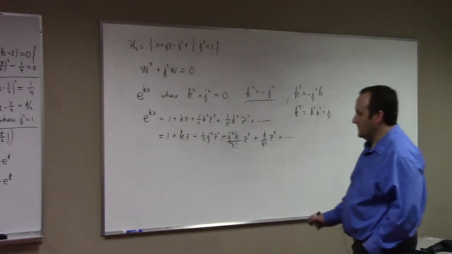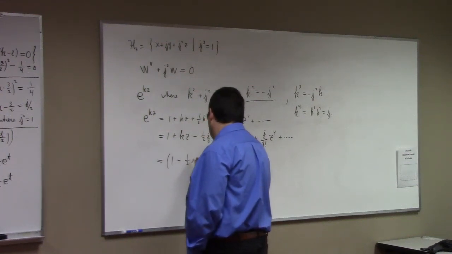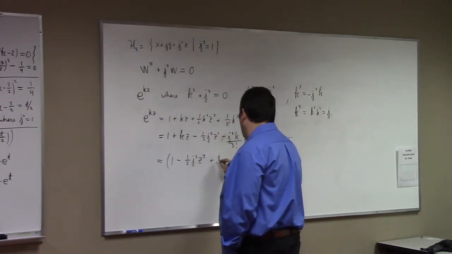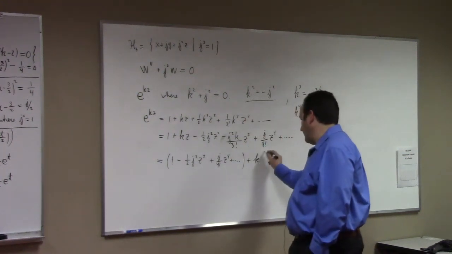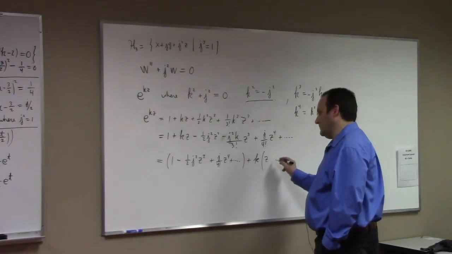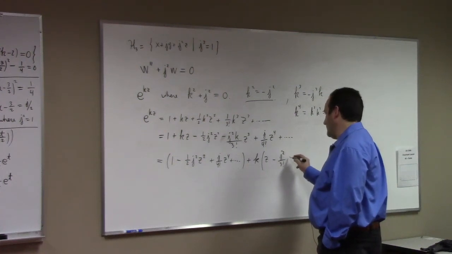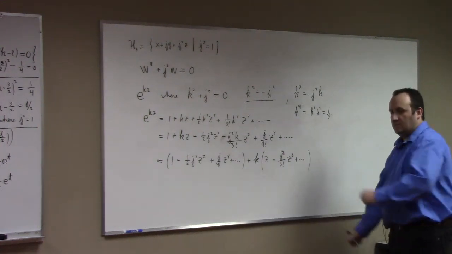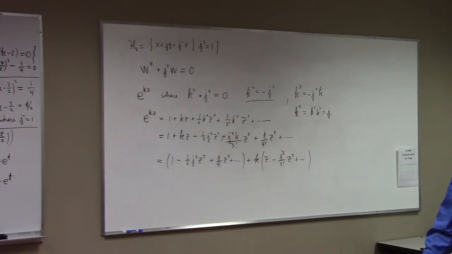But the larger point here is that gives us 1 minus 1/2 j squared z squared plus j over 4 factorial z to the 4th plus dot dot dot, plus k times z minus j squared over 3 factorial z cubed. And those are power series representations of the fundamental solution. That's not bad.